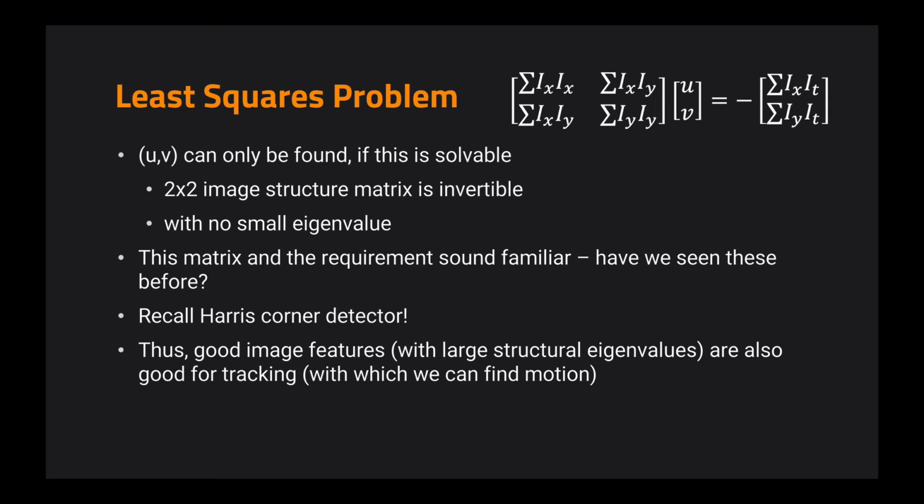This matrix and the requirement may sound familiar to you. Where have we seen them? Recall that this is exactly how we look for the Harris corner detector, and therefore, when we want to find good features for tracking, this is exactly the same as finding reliable image features.